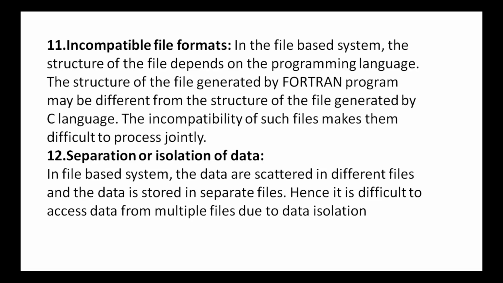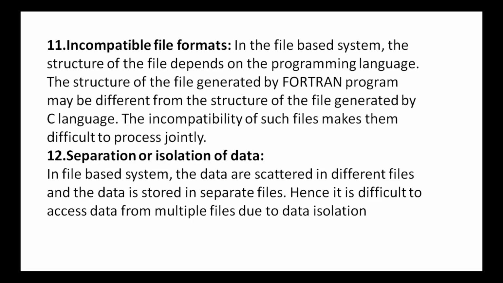So what is the example for that? In a college database, in one file the student data is there, and in another file the student marks are there. I want to generate a report regarding the student details along with their marks.